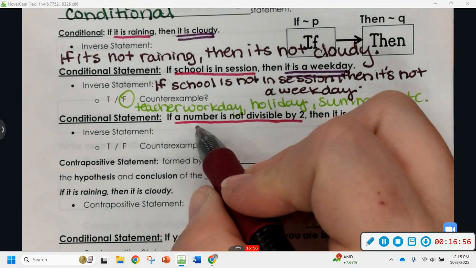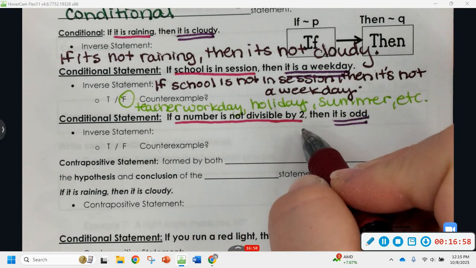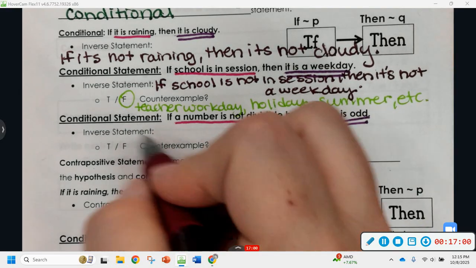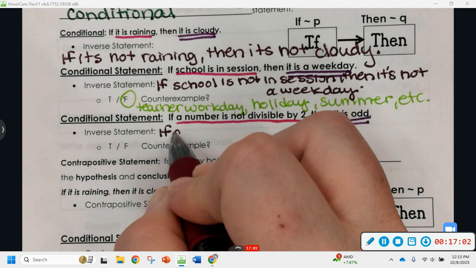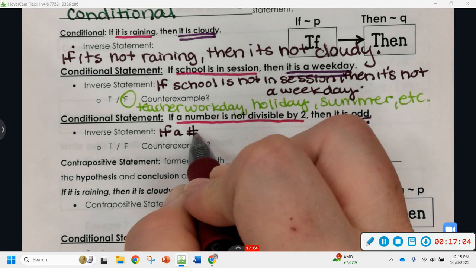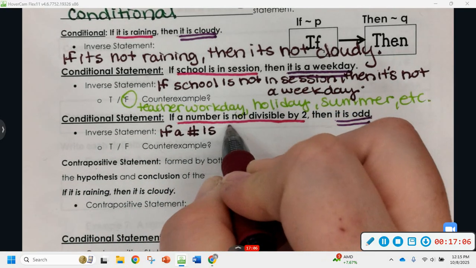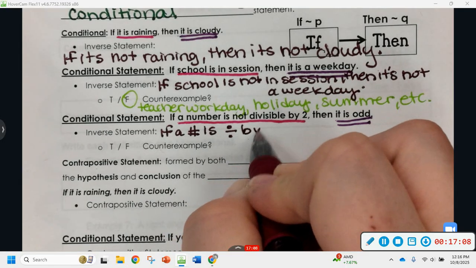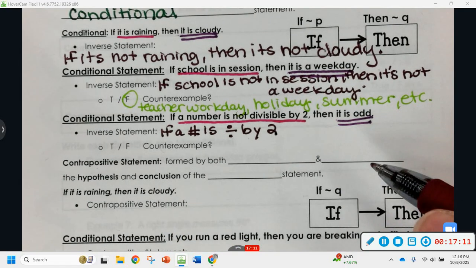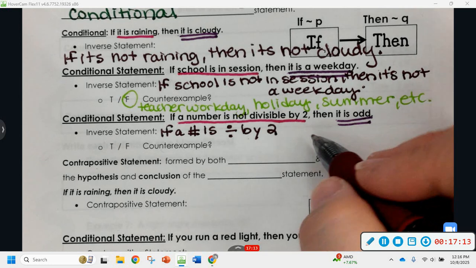So if a number is not divisible by 2, then we could say if a number is divisible by 2. That would take the opposite meaning.